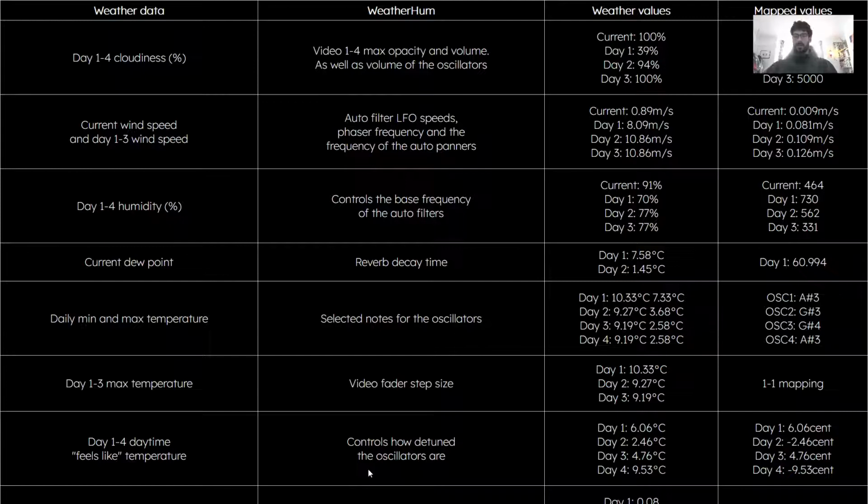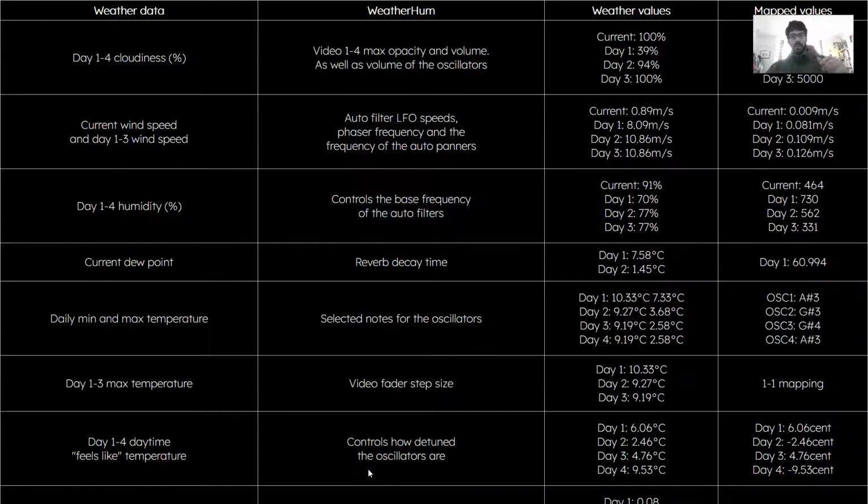How I chose to interpret that was to map that to the opacity of the various videos. So the more cloudy it is, the duller the videos. I chose to cap that at 5,000, which maps to 0.5 opacity, just so that they don't completely disappear.